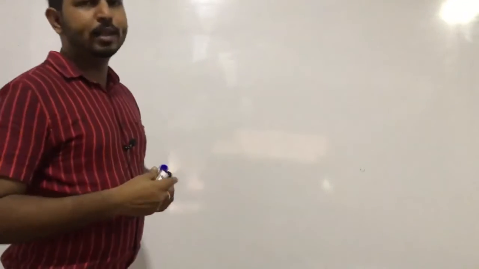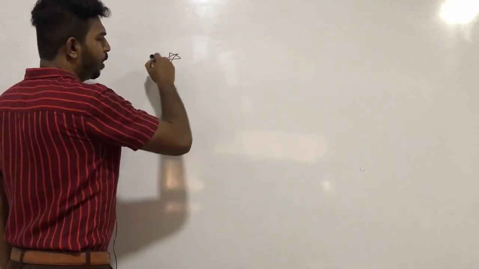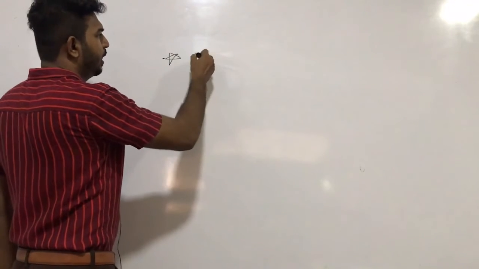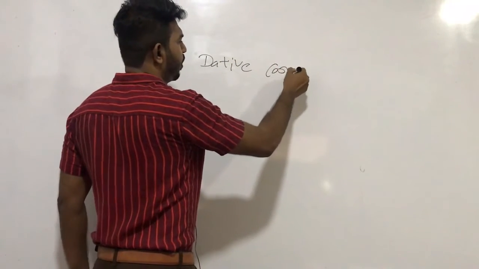Now there are special types of covalent bonds. The most special type is dative coordinate bonds.